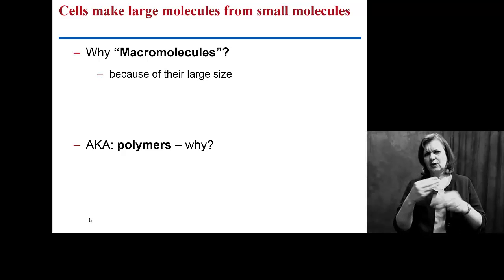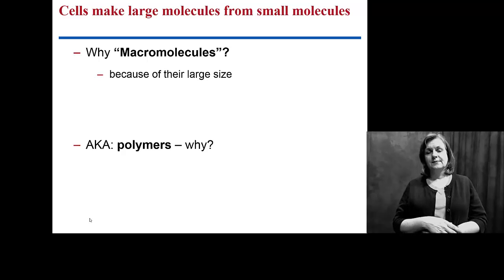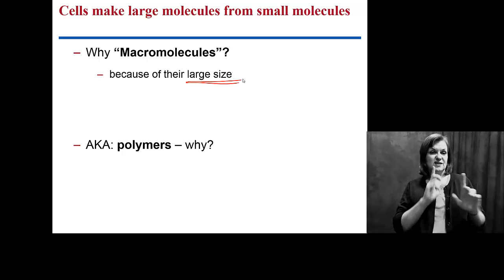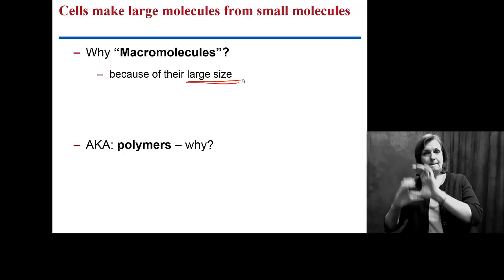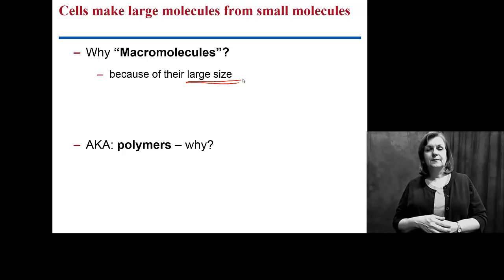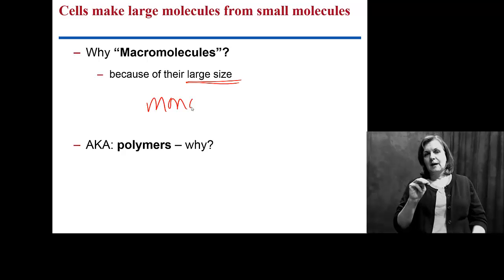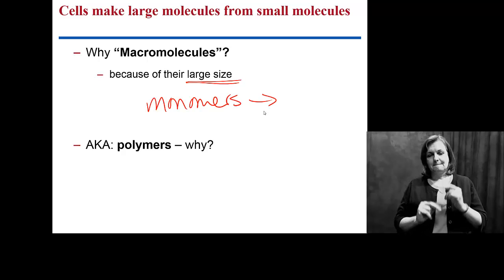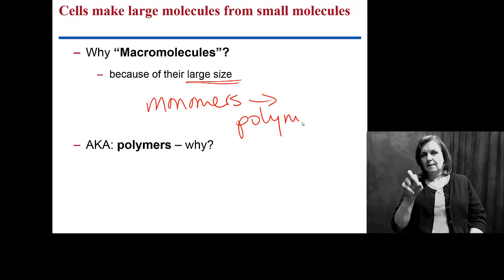So why macromolecules? Well, we talk about macromolecules because they have a very large size compared to some of the other compounds that we talk about. And we talk about them as monomers built into polymers.